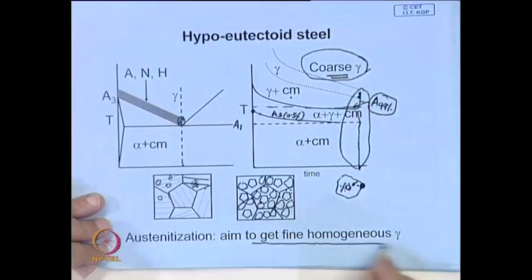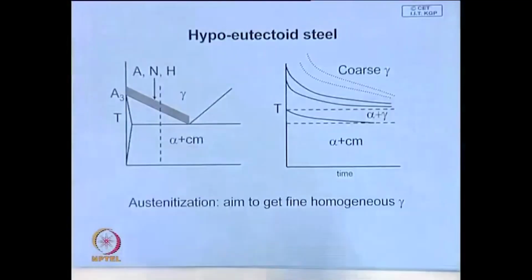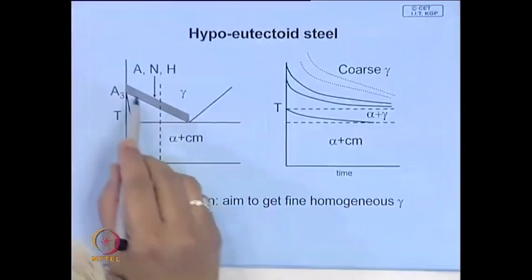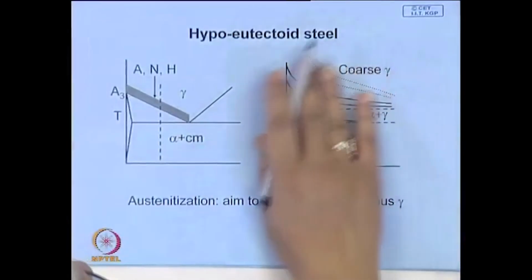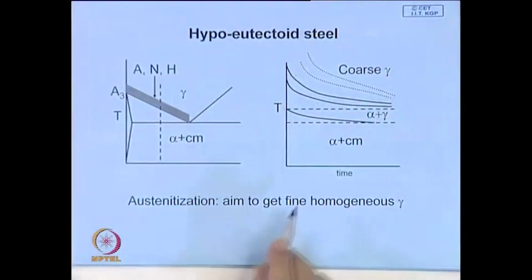The aim of the process of austenization is to get fine, homogeneous austenite, and this process will be exactly the same irrespective of the composition of the steel. The only difference that may come up is that the temperature of austenization may differ. Like for hypoeutectoid steel, this is the temperature, and here again a similar transformation diagram one can visualize.